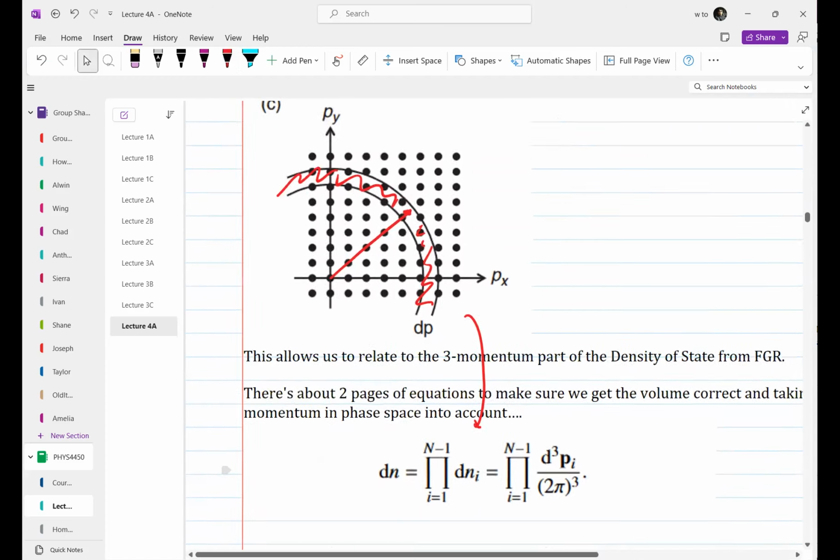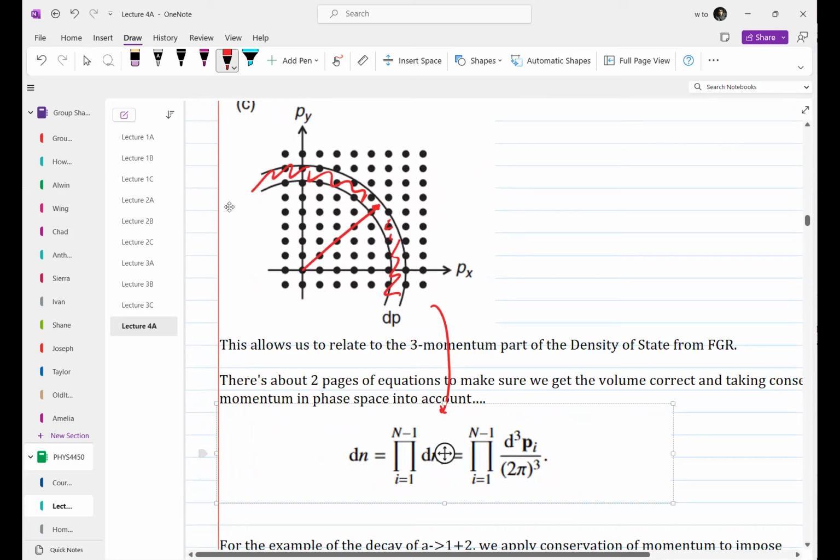Now, if you think about this, the density of numbers of particles flying around, you can think about those as just the product. So this summation is a product, right?